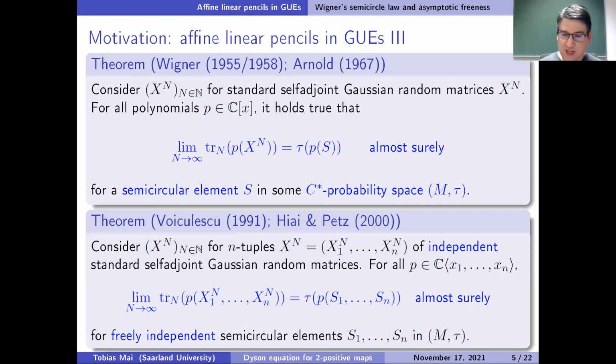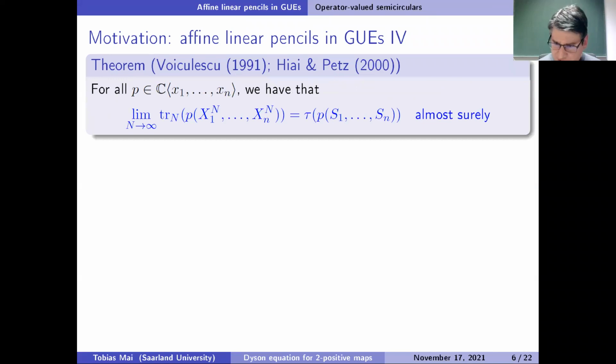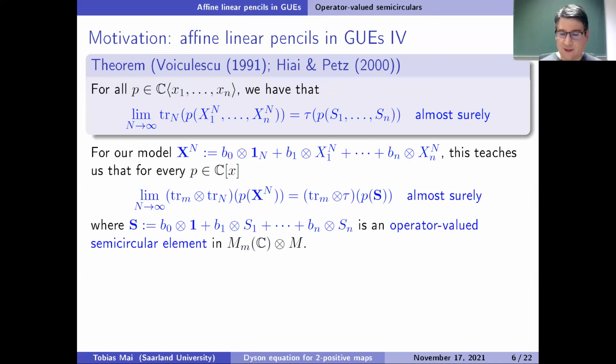So in this sense, free independence shows up naturally in the large n limit of classical independence. That's somehow the philosophy. And it tells us that if we understand freely independent semicirculars, we understand the behavior of Gaussian random matrices. And with this result at our hands, we can look back at our initial example.